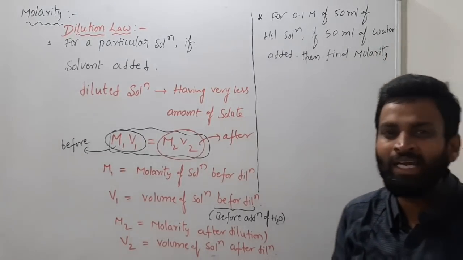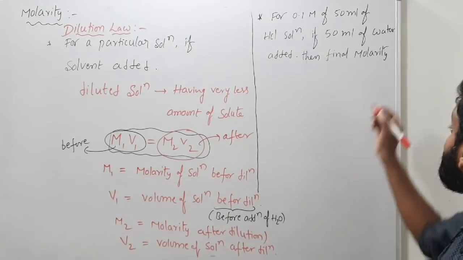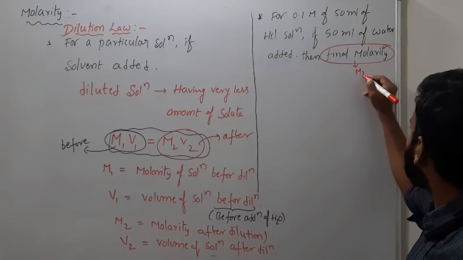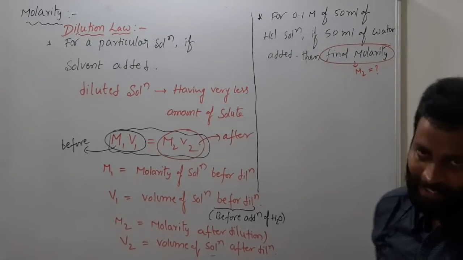Final means what is the meaning? After dilution, what is the molarity? So final molarity in the sense M2 is what they are asking.